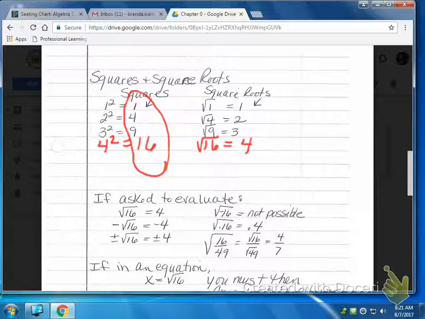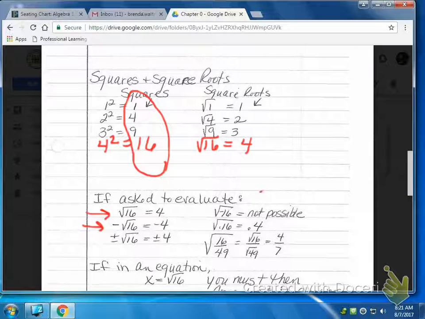If you are asked to evaluate these square roots, you go by what symbol is in front of the radical sign. Like this one is radical 16, well then there's no symbol, you would just say 4. If it says the negative of square root of 16, you would say negative 4. If it says plus or minus square root of 16, you must say plus or minus 4.